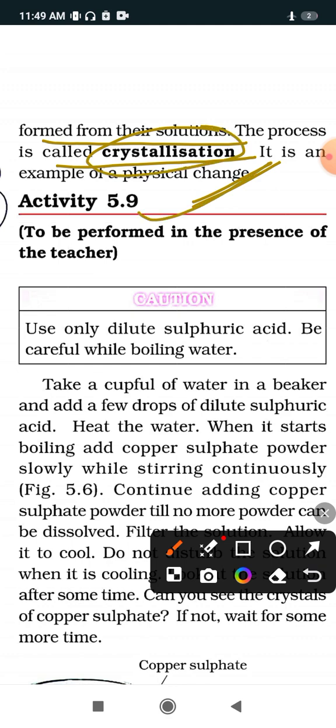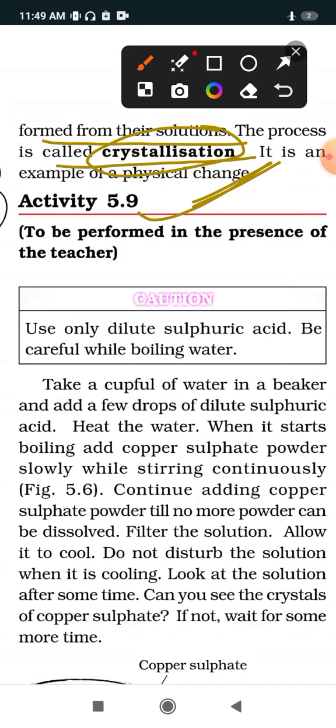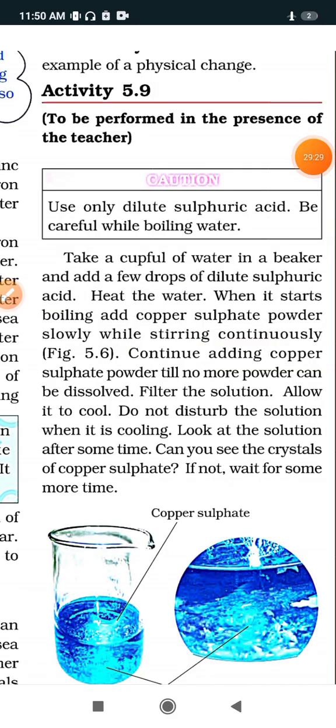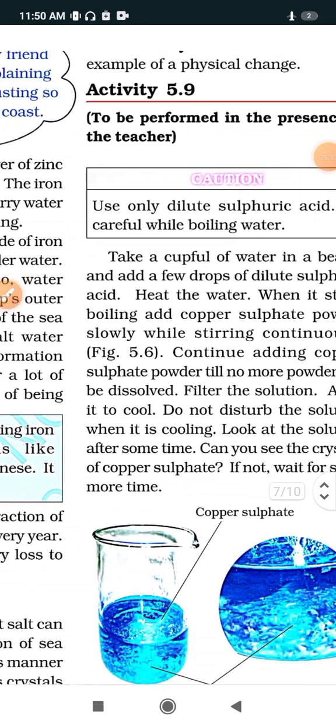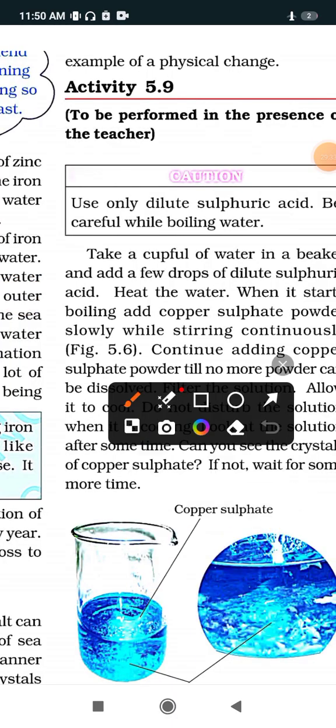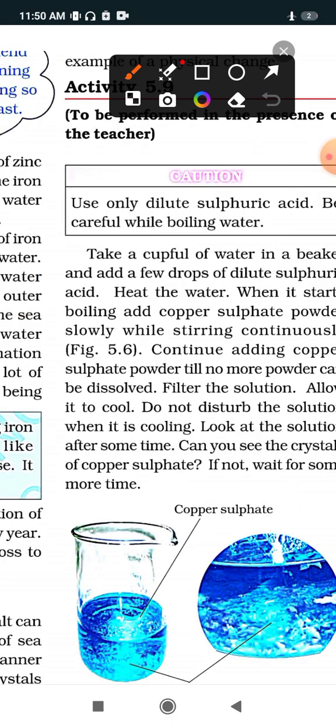So we will now perform activity 5.9, to be performed in the presence of a teacher. Only dilute sulfuric acid we will use, and be careful while boiling water. Clear? In this activity, we will take water in a beaker and add a few drops of dilute sulfuric acid and heat the water.